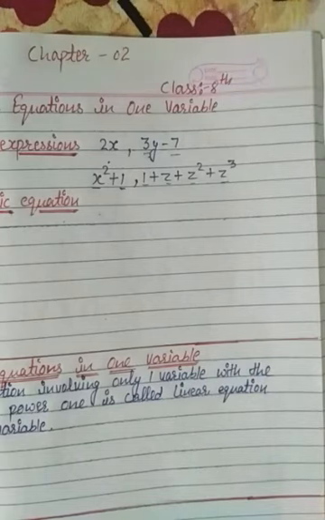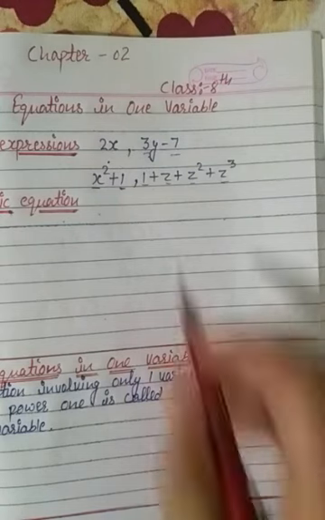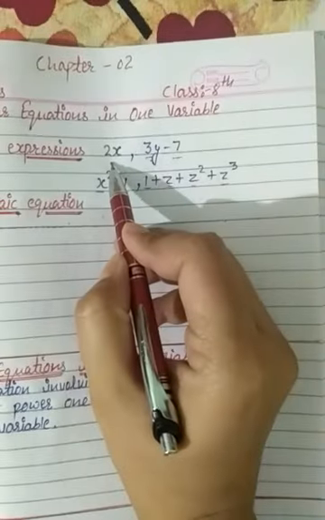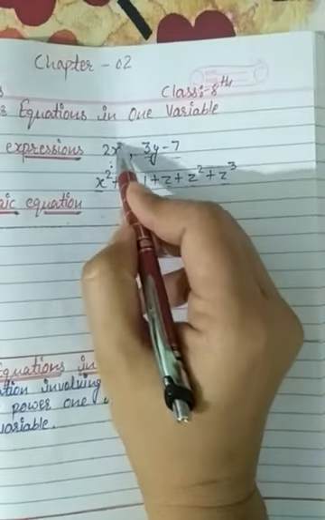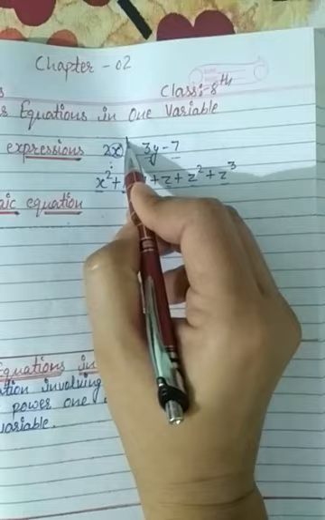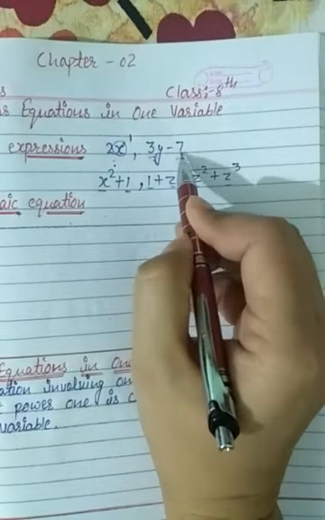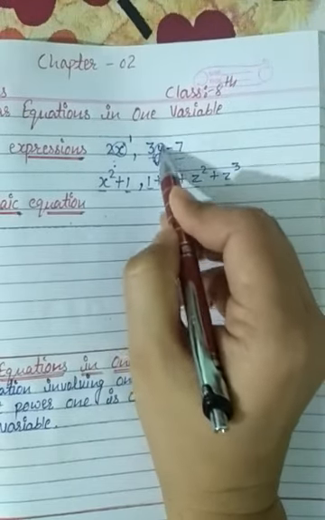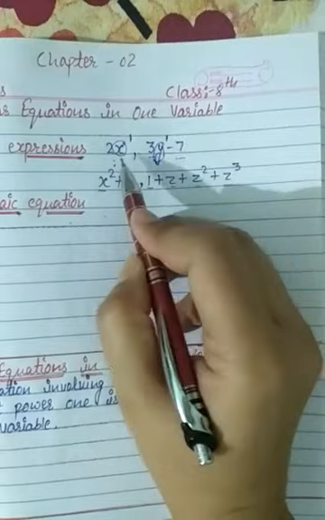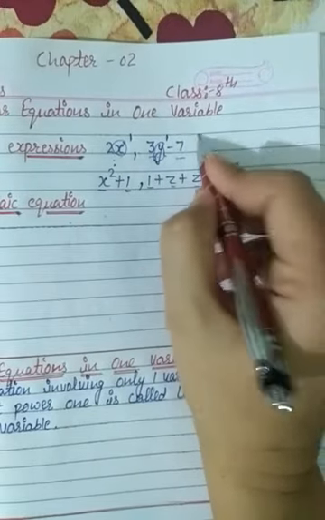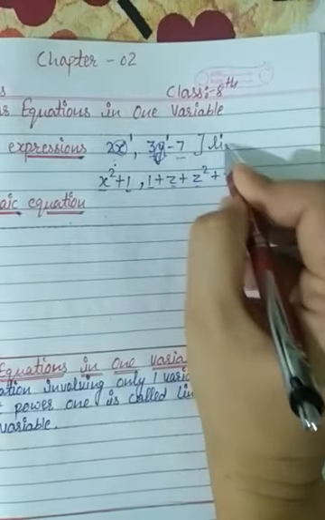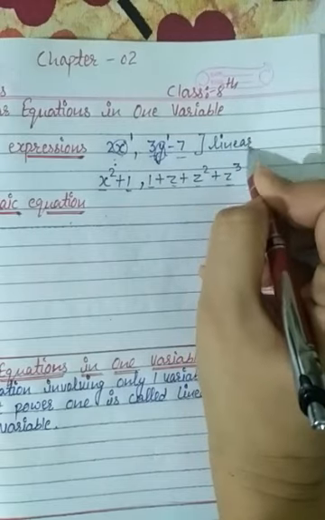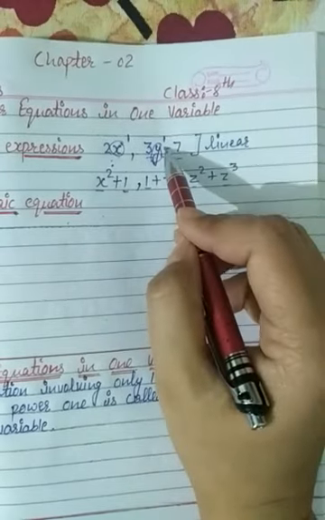Are these expressions linear? Linear expression means the highest power of the variable is 1. In your first expression, variable x highest power is 1. In this expression, variable y highest power is 1. So these two expressions are linear because their highest power of the variable is 1.